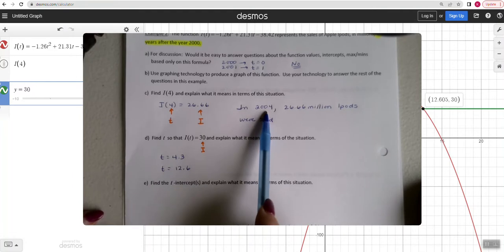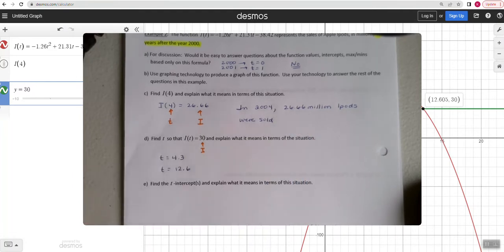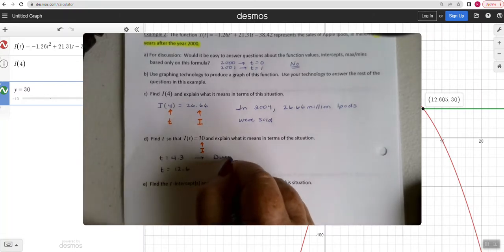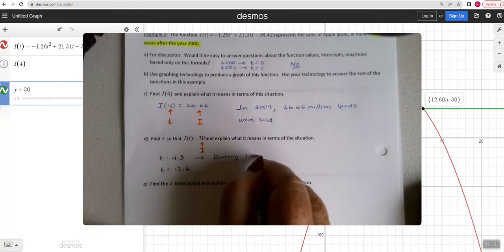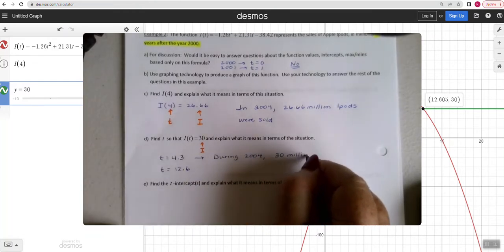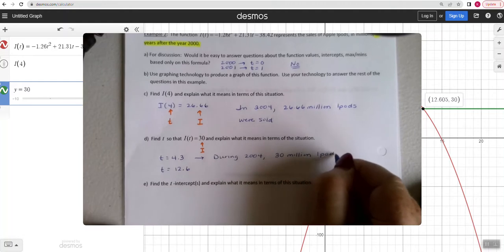Right up here I had 2004 and I had the 26.66. In a continuous function like this, that's going to happen. As you get further along into the year, your value is going to change a bit. So according to this one, during 2004, 30 million iPods were sold.